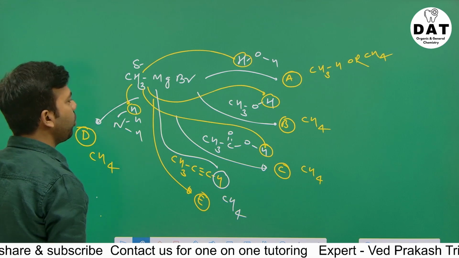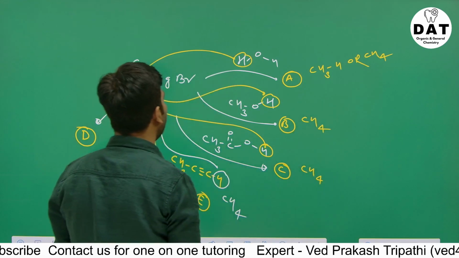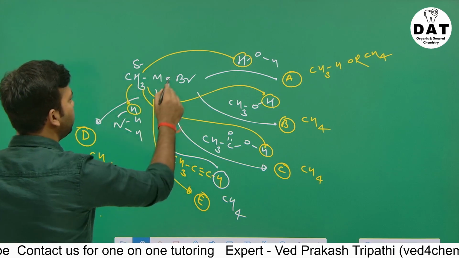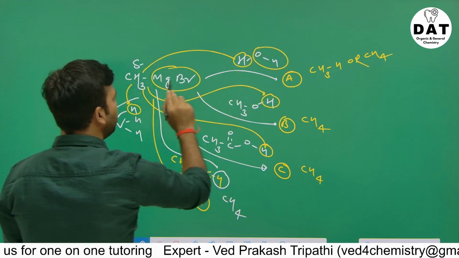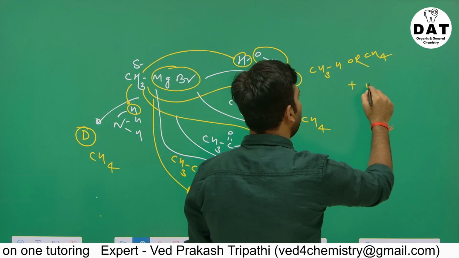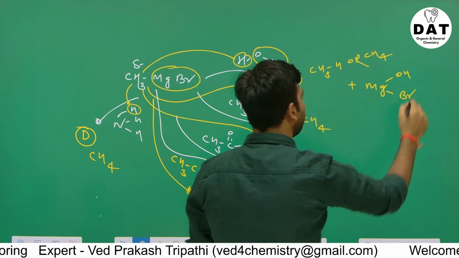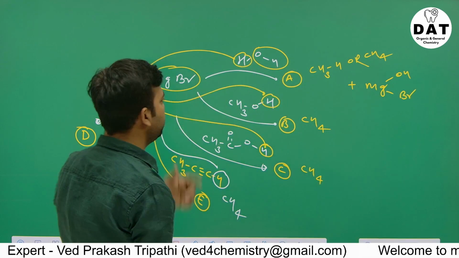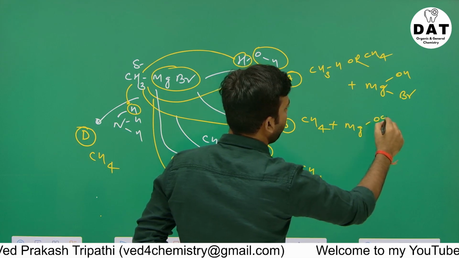And if you talk about the byproduct, this is the major organic product. The byproduct is quite simple. Look at here, the left part is MgBr and here the left part is OH. So this MgBr is going to connect with this OH in this form: Mg here OH, here Br. Same here, MgOCH3 and Br.